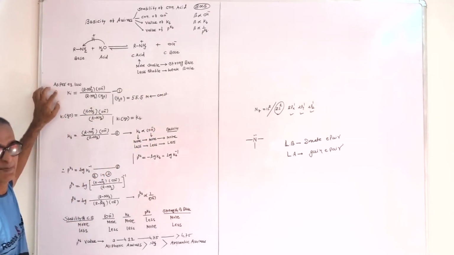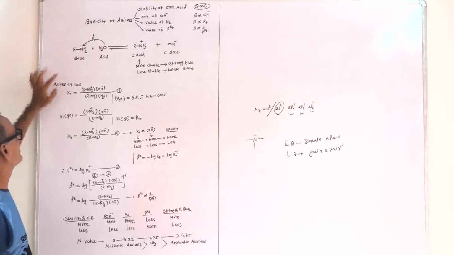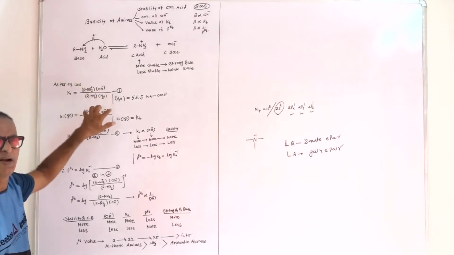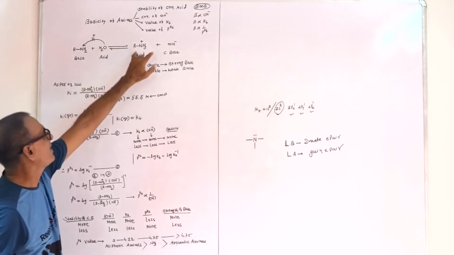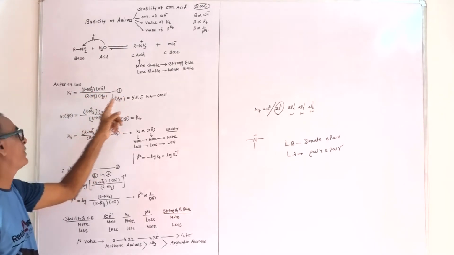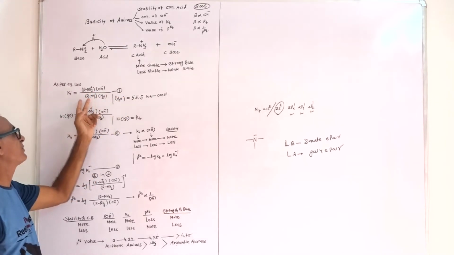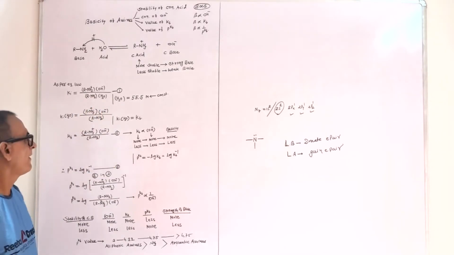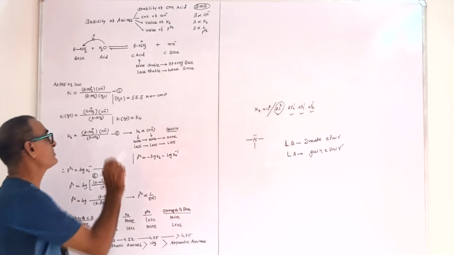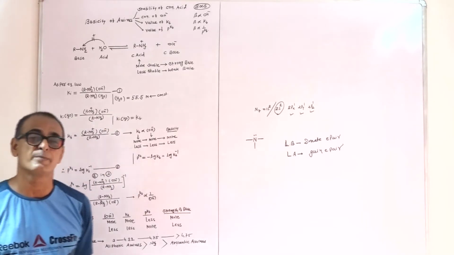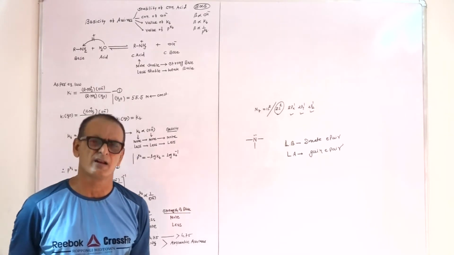As per equilibrium law, Ki, the ionization constant, is equal to product divided by reactant: concentration of RNH3 plus into concentration of OH minus upon concentration of amine into concentration of water.